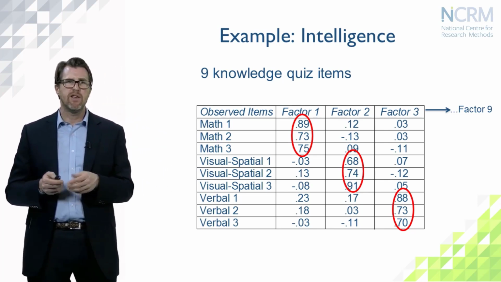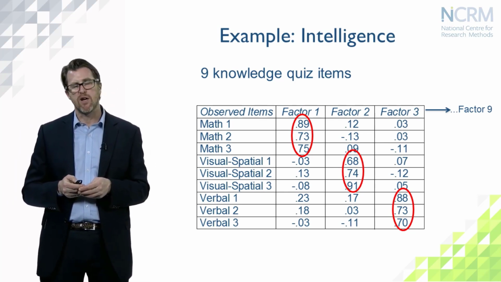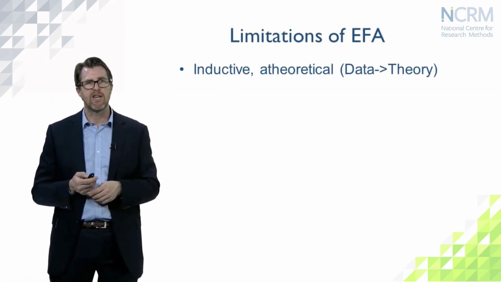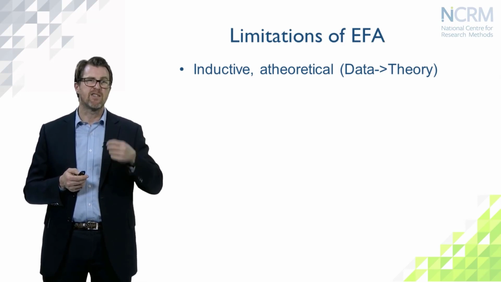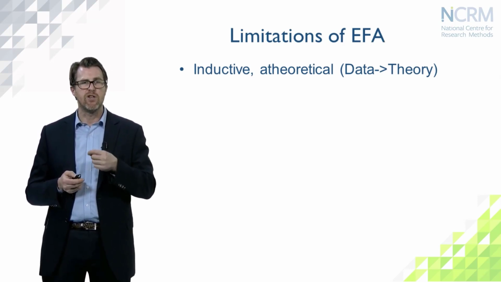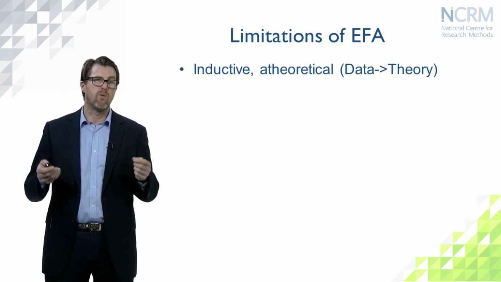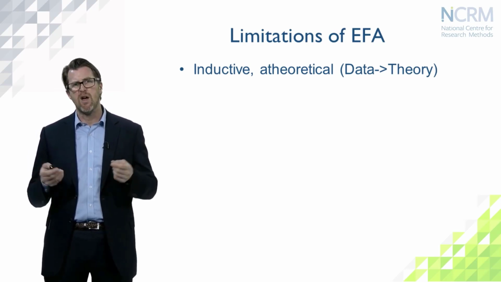So this is a very useful procedure and has been widely used in social science for many decades, but it does have some limitations. Firstly, EFA is an inductive, rather atheoretical procedure, and that is something which in general we are less happy with in terms of the way that we build theory in quantitative social science.